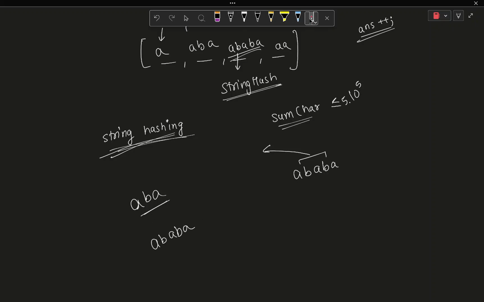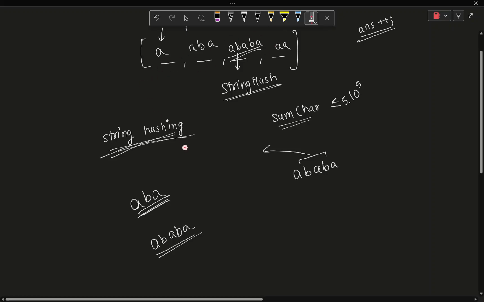Creating that substring hash will take n log n time. I'm not really sure if this can be done in big O of n also, but at the very least it can be done in big O of n log n. So first of all, create a string hash for each and every string in the given array.